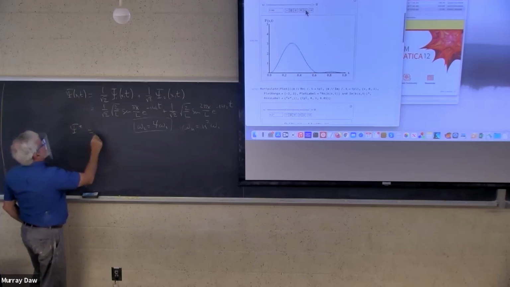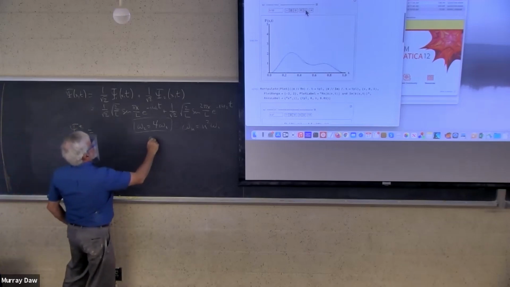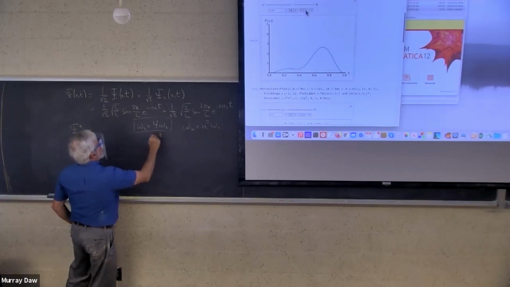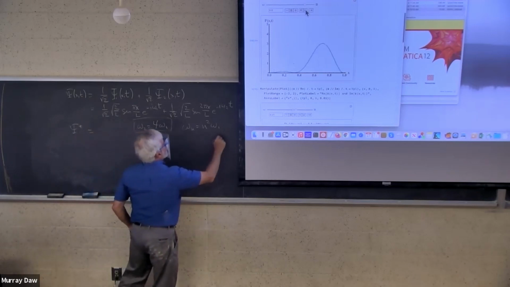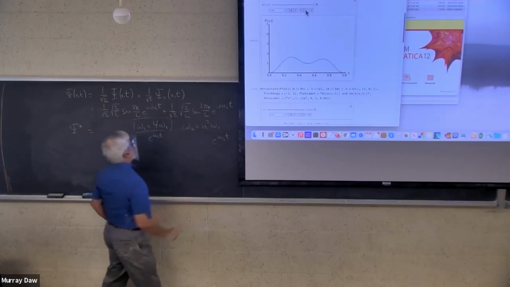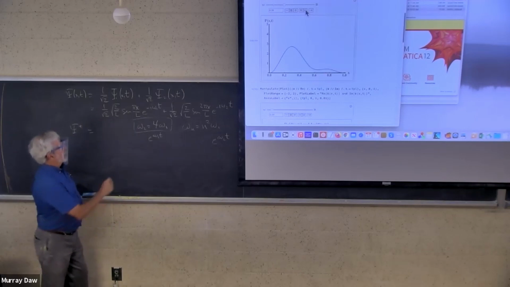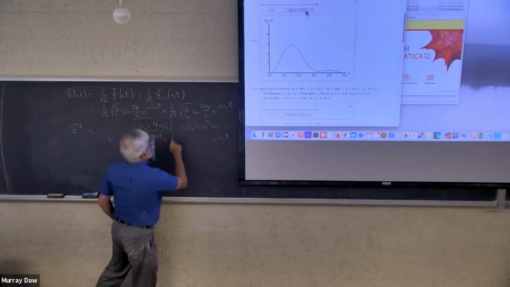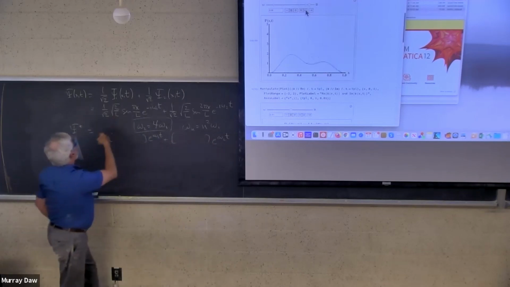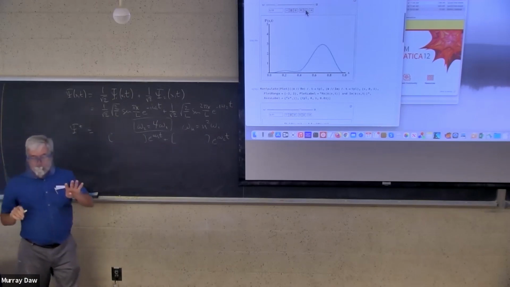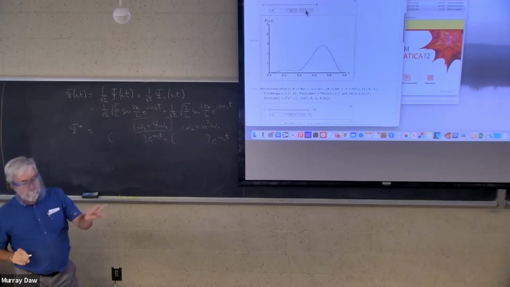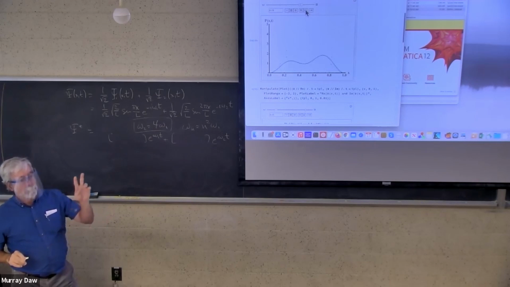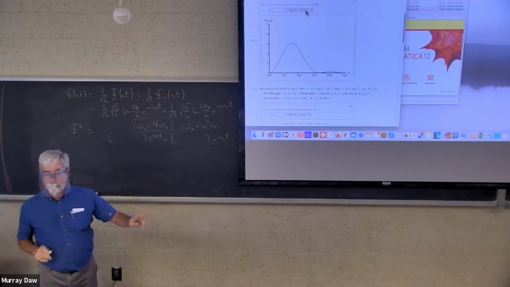So psi star, I'm going to flip the sign of i wherever it occurs. And then this is the same. When I multiply it out, I get 4 terms, 2 of which will not depend on time. The other 2 will depend on time.